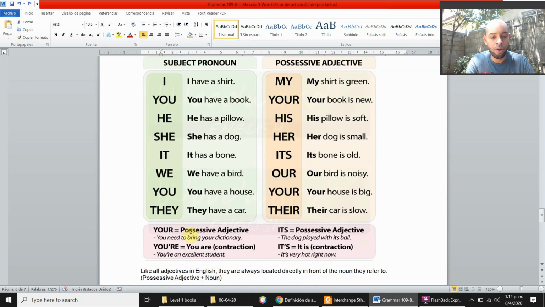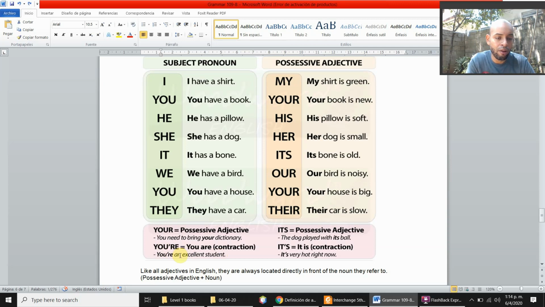For example, you need to bring your dictionary. Your is used as an adjective, and you're, the contraction of you are, is used as a subject and the verb of the sentence.